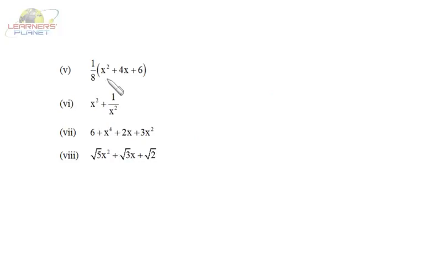Here we see the variables have positive powers, so this is a polynomial. In this case, this x has positive power, but this x has negative power, since we will write it as x square plus x raised to minus 2. So it will not be a polynomial.